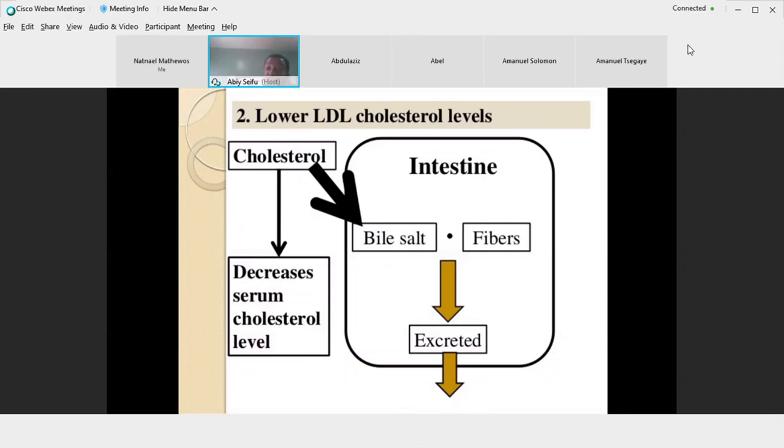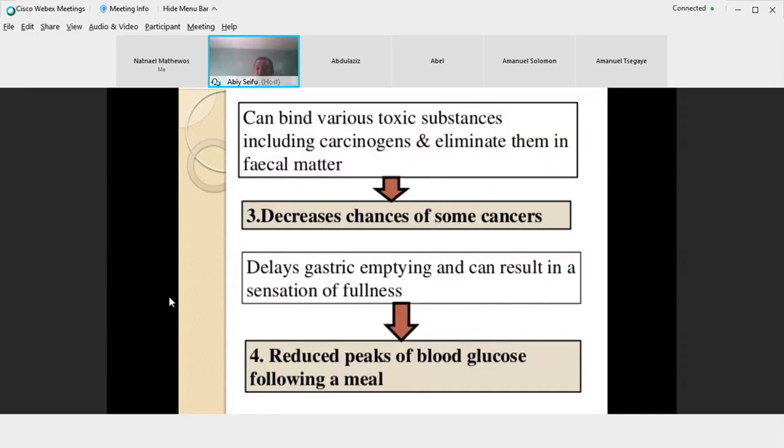But if you take high amount of fibers, excretion of bile salts its amount will be increased. Whenever it's increased, less than 95% is recycled. Again, production of bile salts. How? It will be formed from cholesterol. In that way, it decreases what? Serum cholesterol levels. That is good for our health as well.